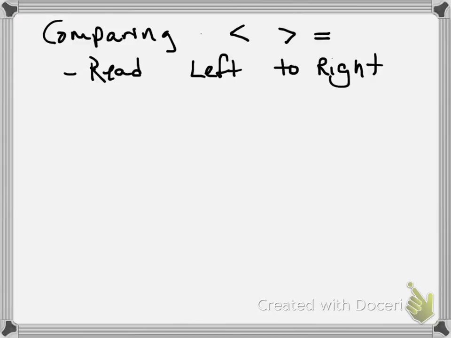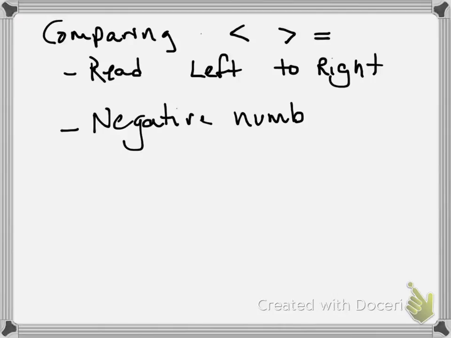Next up, comparing. You've been doing this for a long time, comparing numbers. This is where we say it's less than, it's greater than, or it's equal to. Couple things to remember. We need to read left to right. Another thing, negative numbers are always smaller, or less than, a positive.